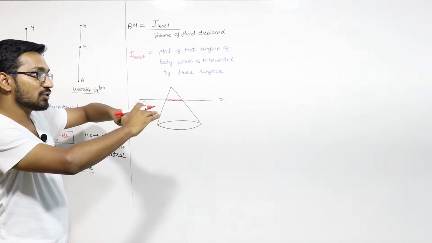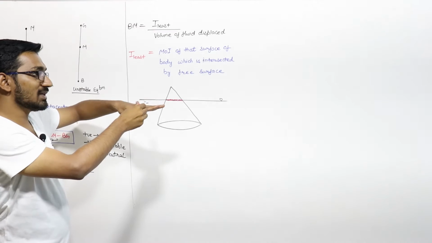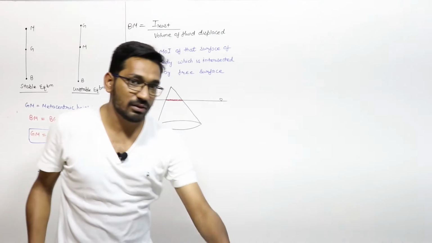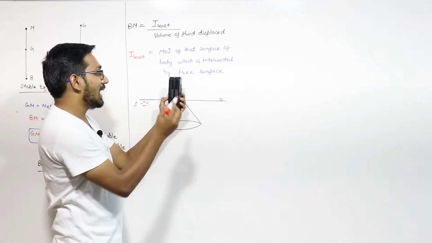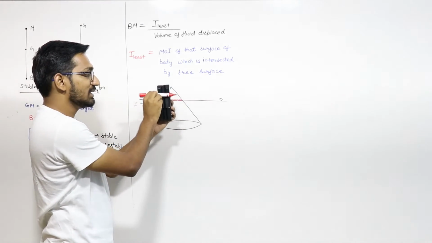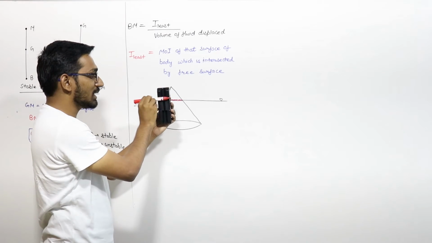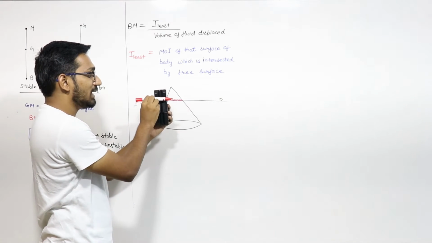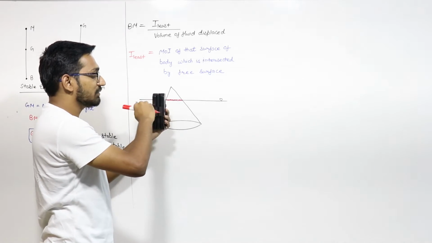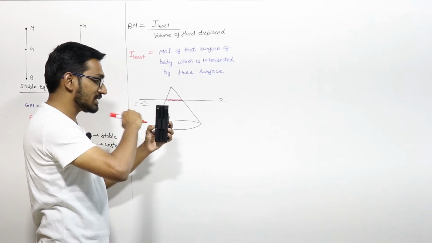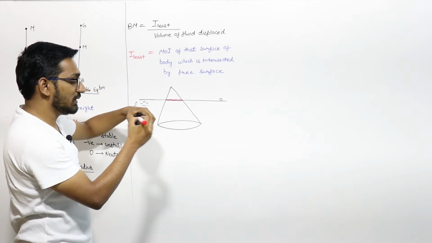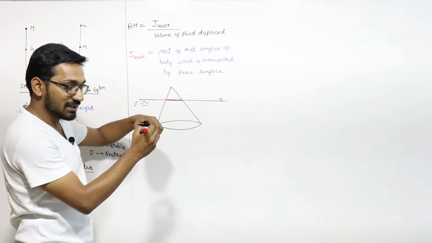This surface has two moments of inertia, one about this axis, another about this axis. The free surface cuts this body at this point, so we have to take the moment of inertia of this surface, which will have two axes.